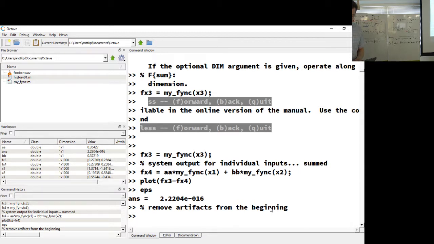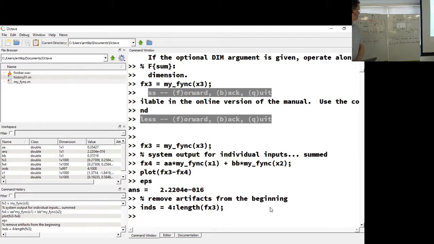So I will calculate the indexes. What I'm interested in is the range up to the length of fx3. And then calculate the norm of fx3 of ins minus fx4 of ins.